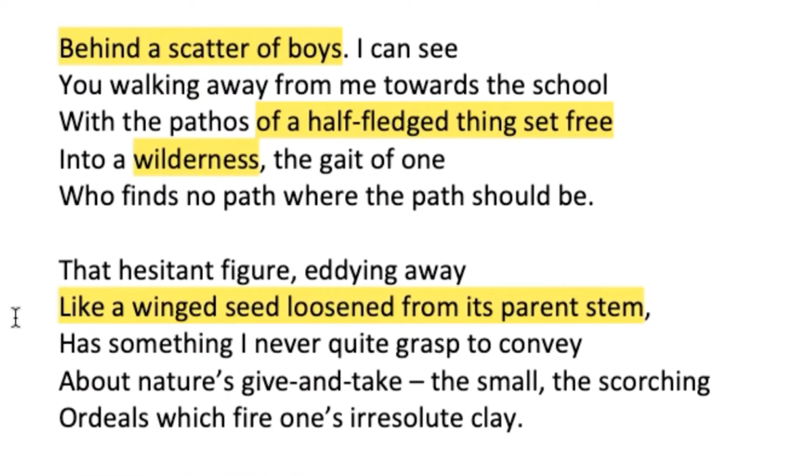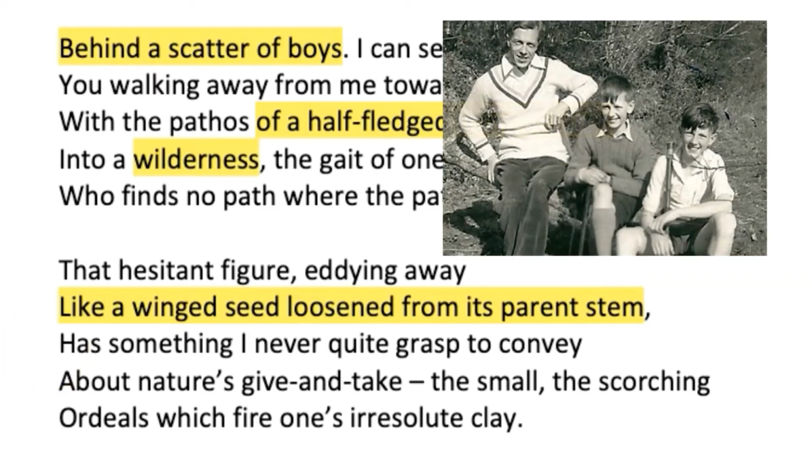The son is now like a winged seed loosened from its parent stem. Now he sees his son going away as something entirely natural and positive, because what happens when the seed leaves? It creates new life. Now he's thinking about his son moving on to start a new family, to become a father himself.